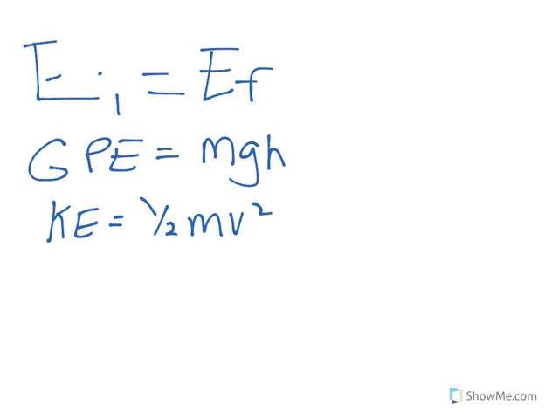Number three, the third type, is elastic potential energy, and that's equal to 1/2 kx squared, where x is the distance a spring is from normal.